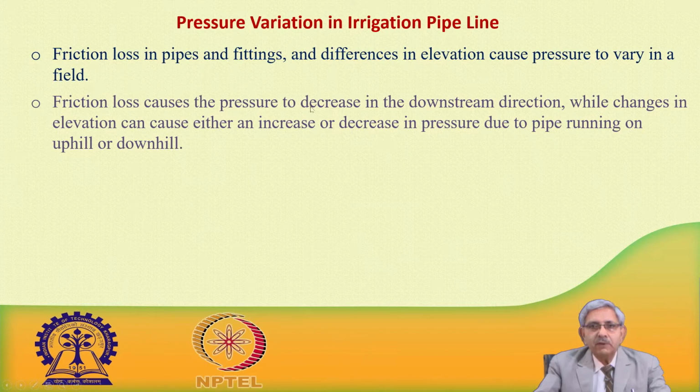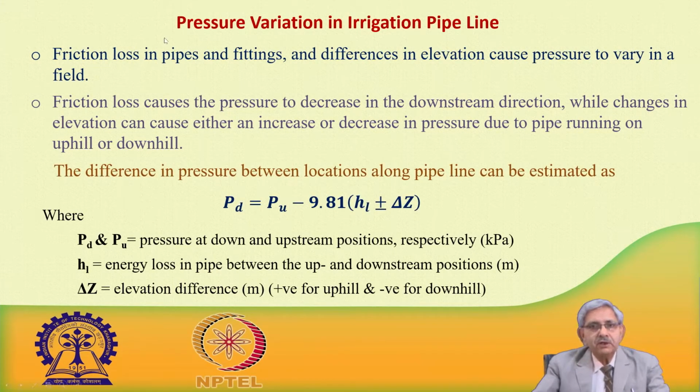If the pipeline is running uphill, we need to account it as positive. If it is going down the hill, we have to take care of that. So, this amount is to be adjusted depending on the conditions prevailing in the field.